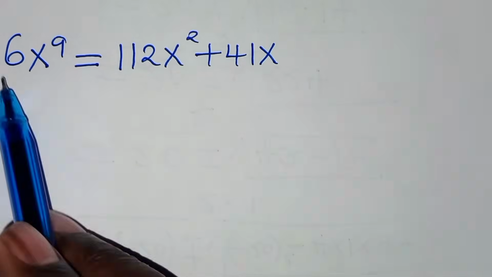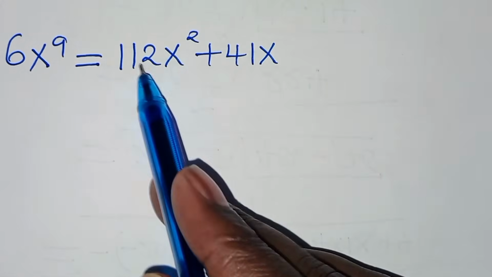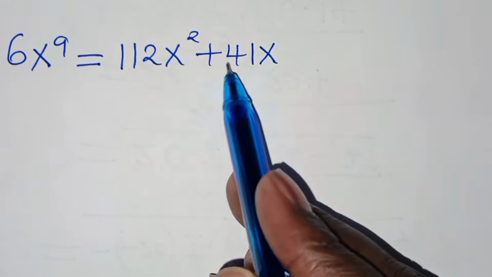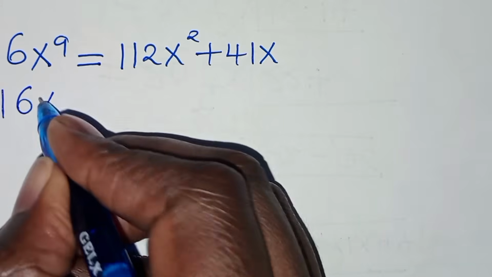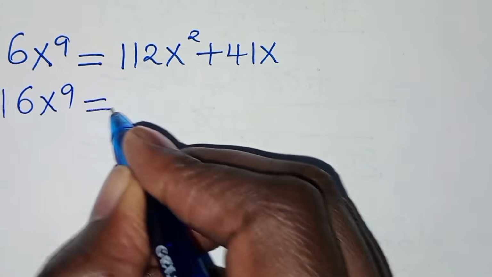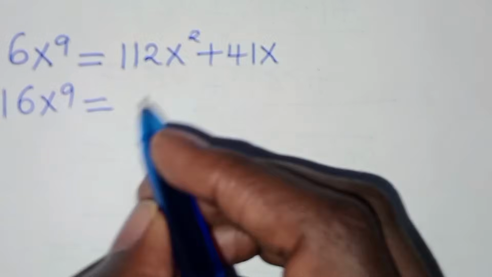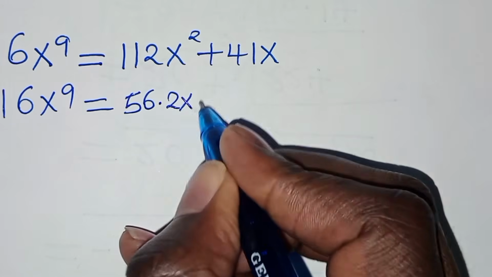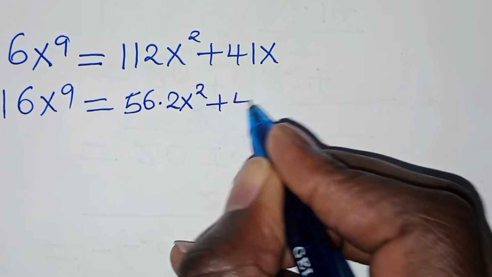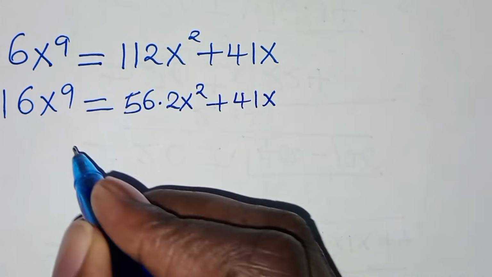Now here we have 16x to the power 9. This is equal to 112x to the power 2 plus 41x. Now we can express this as 16x to the power 9 equal to 112x squared, which can be expressed as 56 times 2x to the power 2, plus 41x.